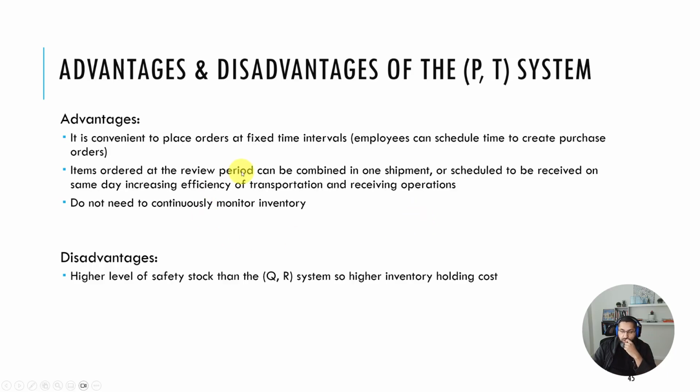Okay. It can be very convenient because let's say you're a retail store. Imagine getting small shipments every day of the week from the DCs. You have to have receiving staff to receive and put these shipments away every day.